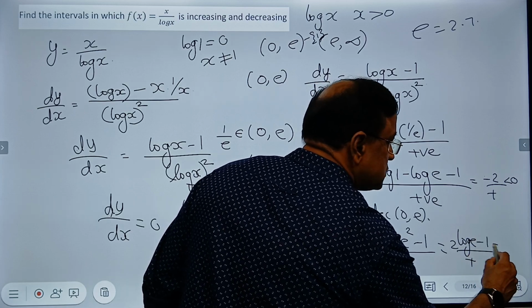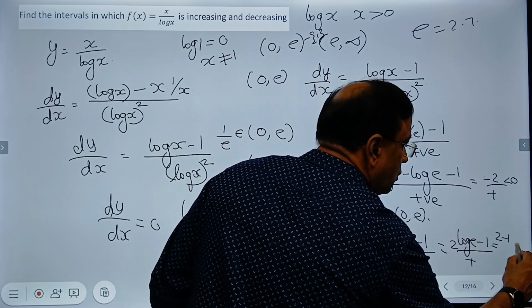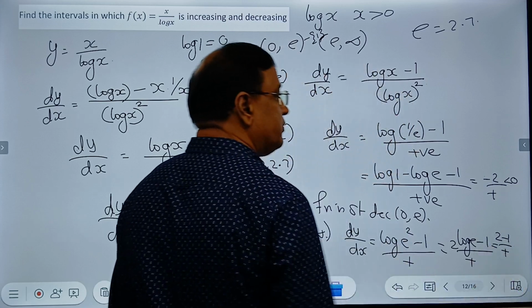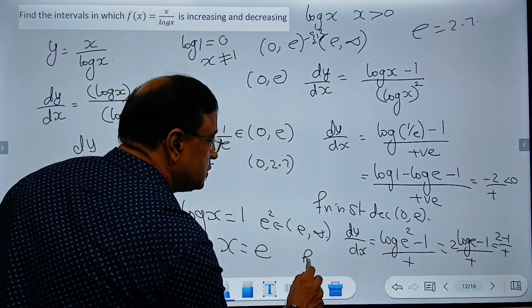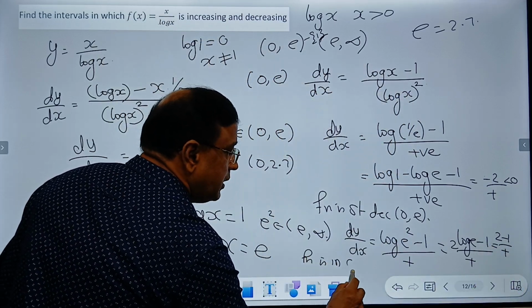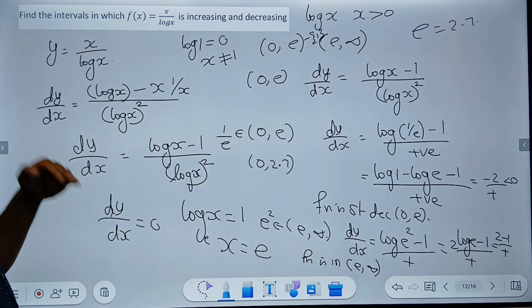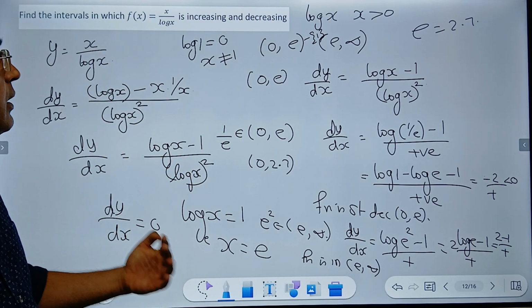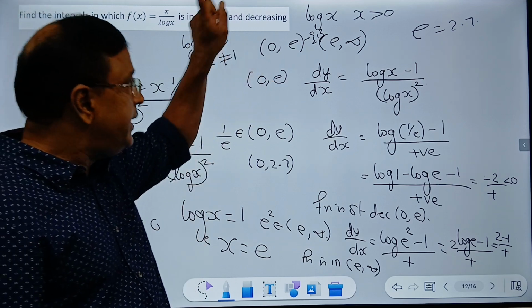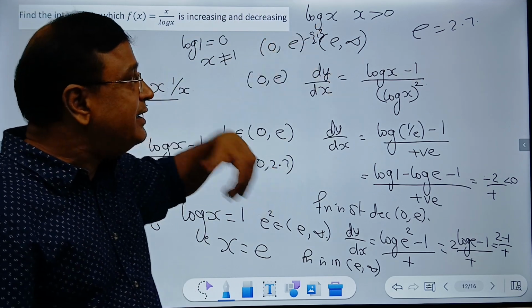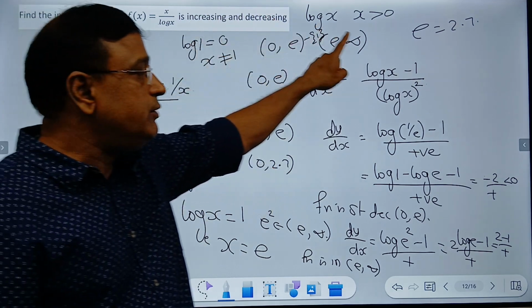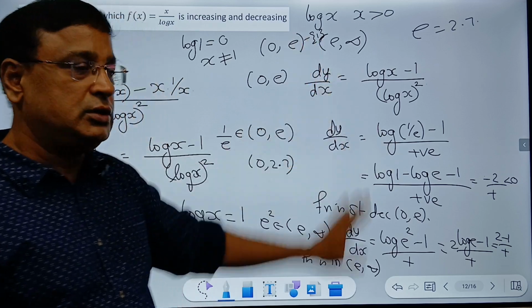But 2 log e is 2, which is obviously positive. Therefore, the function is increasing in e comma infinity. So this particular function is decreasing where? Is decreasing in 0 to e excluding 1, and it is increasing where? E to infinity. So very, very important that you know this difference.